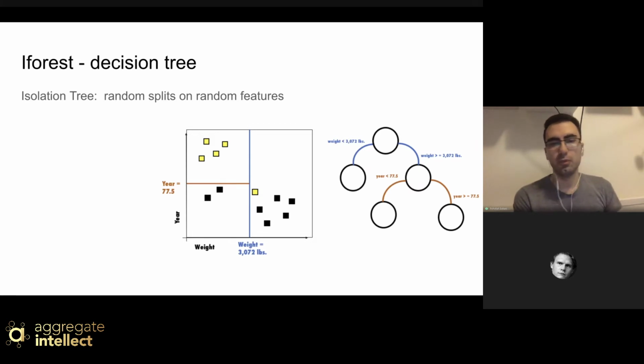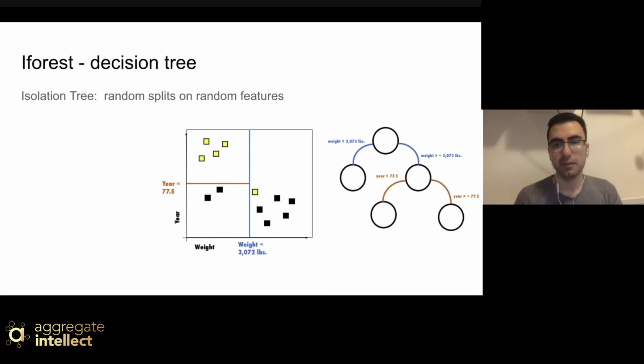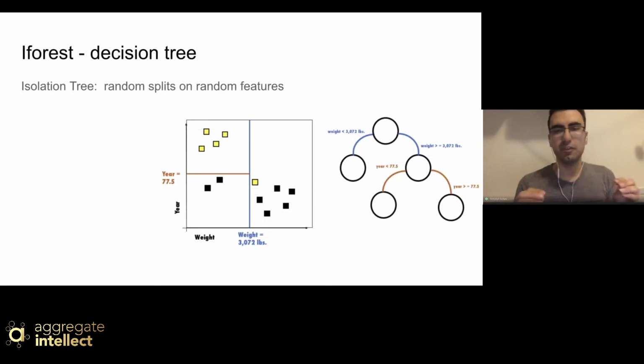So it will split the space, because splitting a space is equal to having a node in the tree where you make a decision. You're saying that if the value is more than that predefined number, you go left or you go right, like an if-else condition.